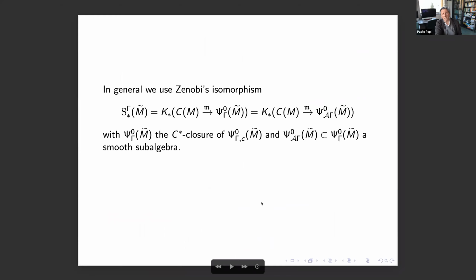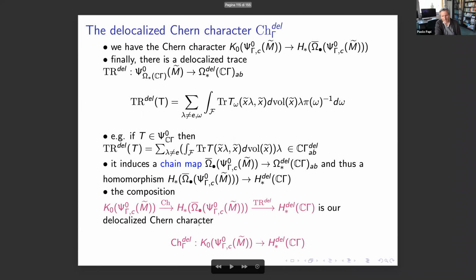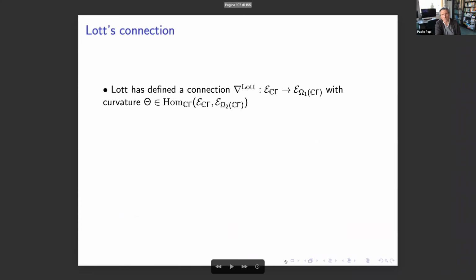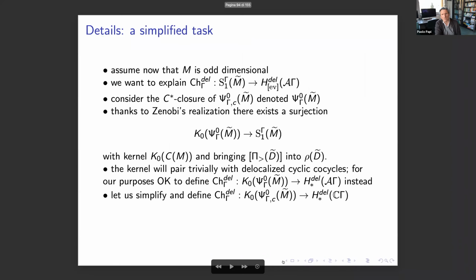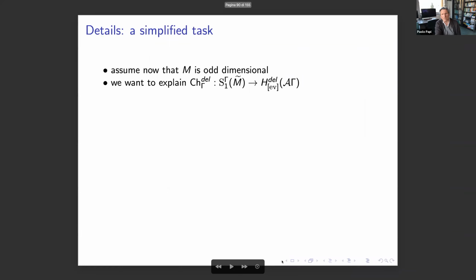In general, there is an isomorphism of the structure set with a mapping cone algebra. And so you have to work a little bit more to do the general case. But what I explained here, this last line, is basically, let me go back to what we were trying to explain. We were trying to explain this map here.